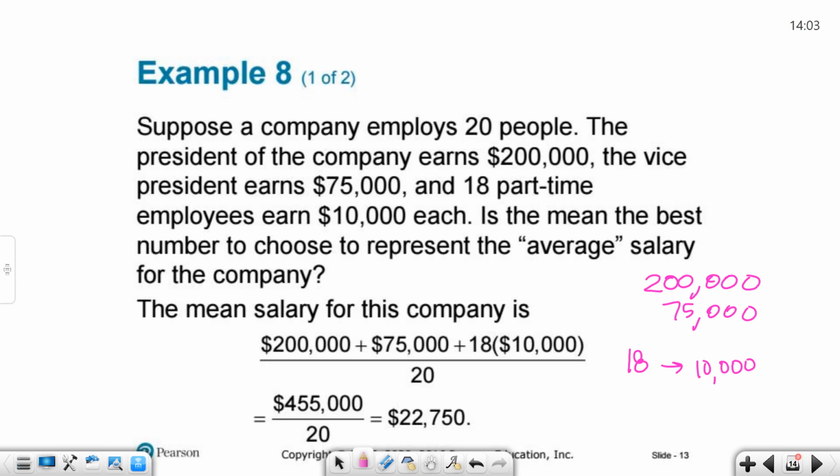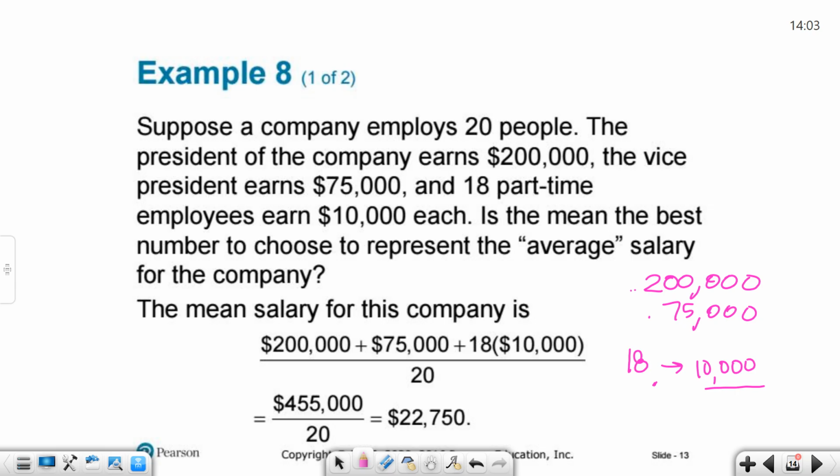So if you figured out the mean of this, it says you would add them all up. So you would have 18 of these. So 18, you'd write 10,000 18 times, right? Thinking about it. So we'd have 180,000 here, adding these up, and we would get a mean of 22,750.